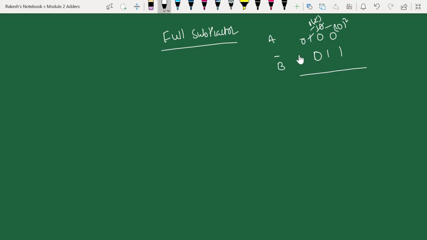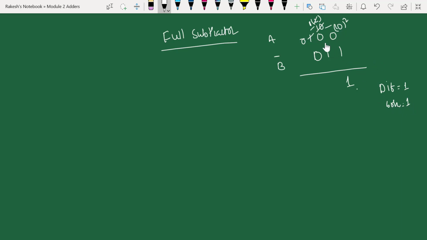Now if you look at this A minus B operation, you can see that here your bit has involved a borrow operation. Suppose you consider the first 2 bits, it took a borrow from the previous bit. So 2 minus 1 will be 1 here clearly. That means it is taking a borrow. So you have to write your difference as 1, borrow as 1, because it has taken a borrow from the previous bit.